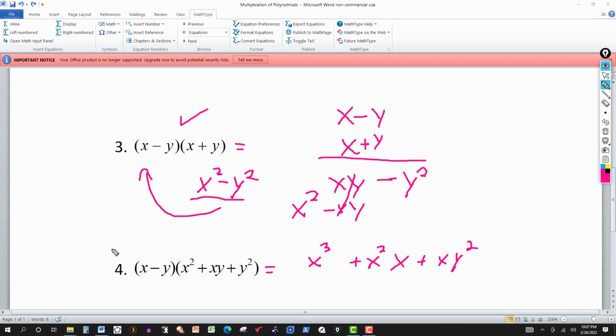Okay, now we do the same thing with the second term. Include the sign with it. So minus y times x squared, minus y times x squared is a minus y x squared. And then minus y times xy is a minus x y squared, and then y times y is y squared, so this is y squared.